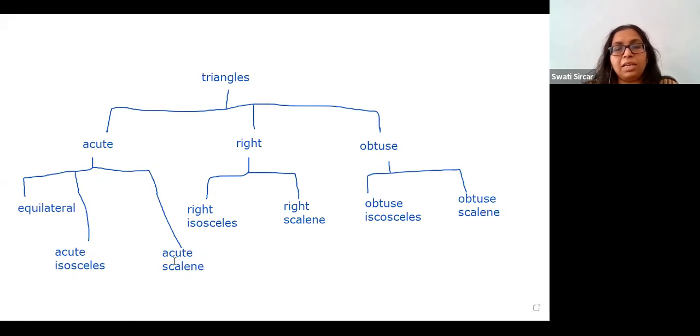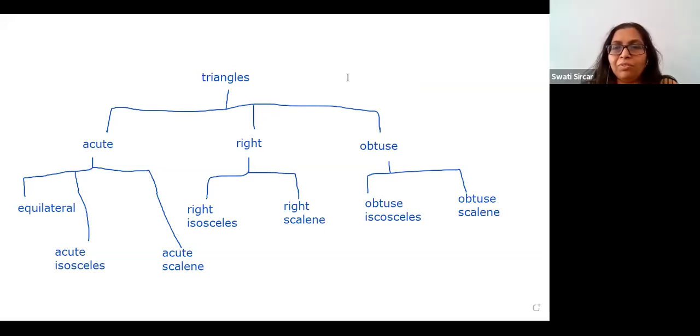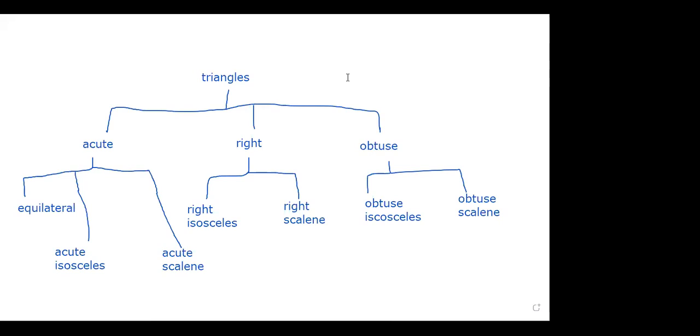Equilateral, acute isosceles, acute scalene. Among one of them, there are actually 2 subtypes. Scalene. Okay, and what do you think will be the subtypes? Equilateral.